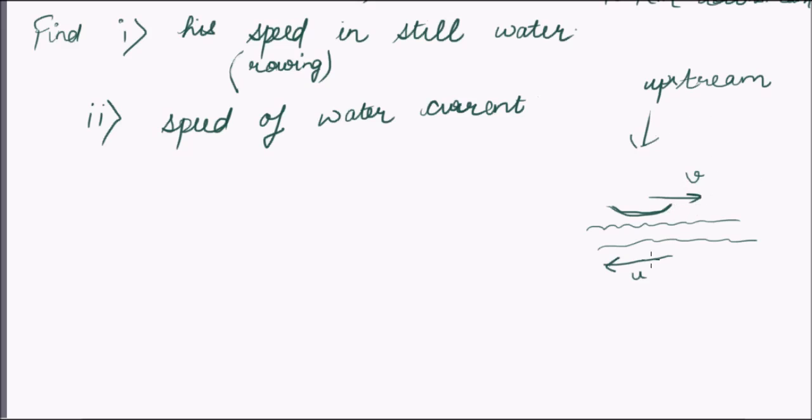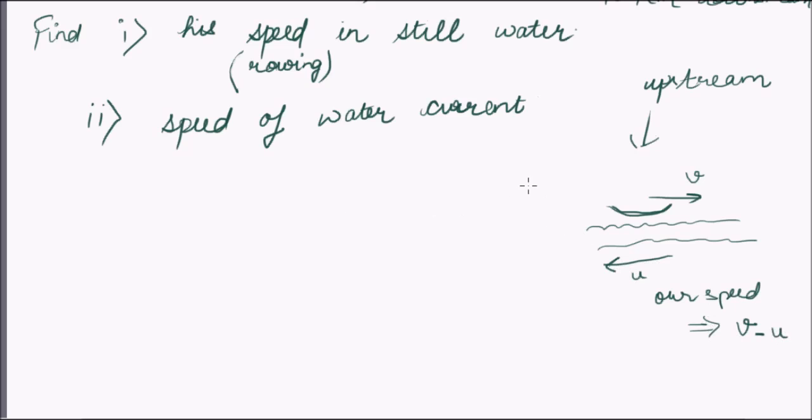Clearly, here is a negative effect of the speed of water, so our speed will become v minus this water's speed, that is v minus u.